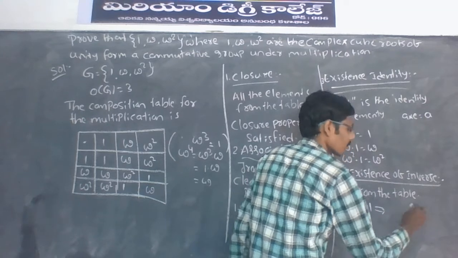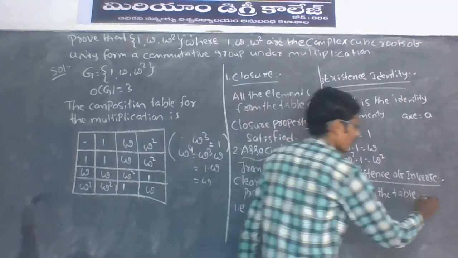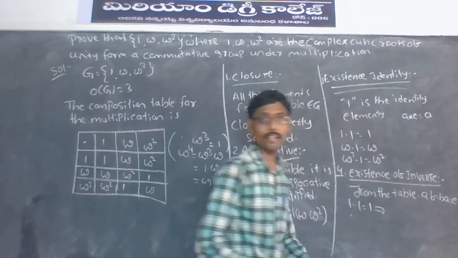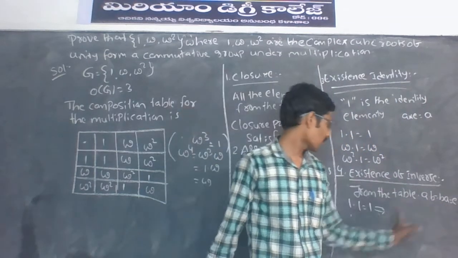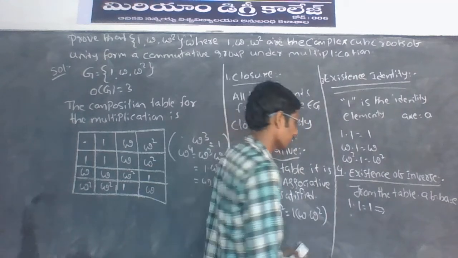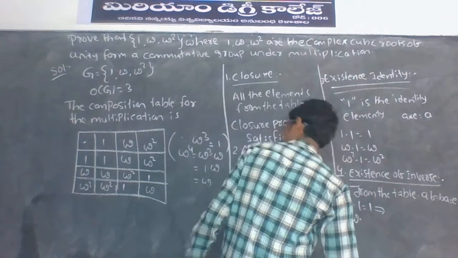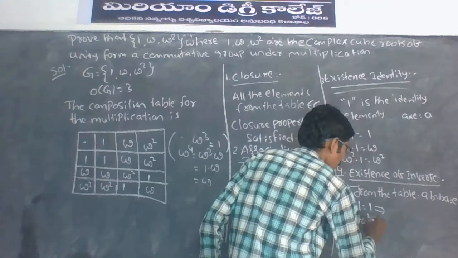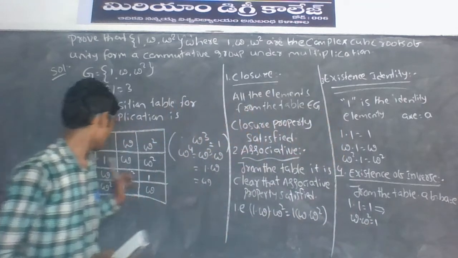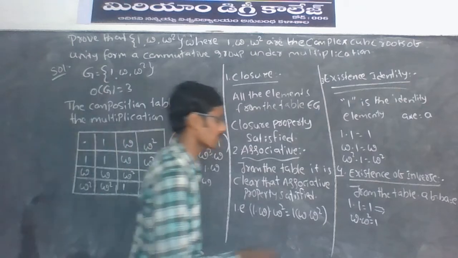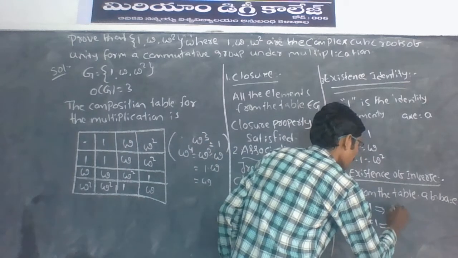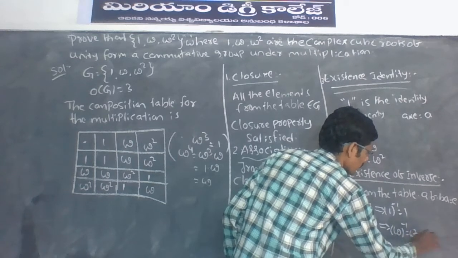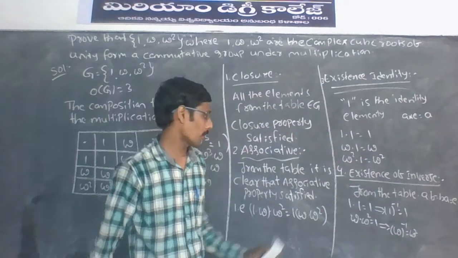Inverse property: A into B is equal to B into A is equal to E, where E is the identity element, so E is 1. 1 into 1 is equal to 1. Omega into omega square is equal to 1. So 1 inverse is equal to 1. Omega inverse is equal to omega square.